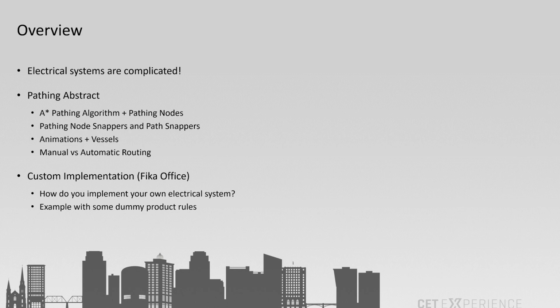But as with any electrical system, at some point you have to decide how you are going to behave. And so Fika has made some decisions. And hopefully you can see how those are implemented and use Fika as an example for your own solution.